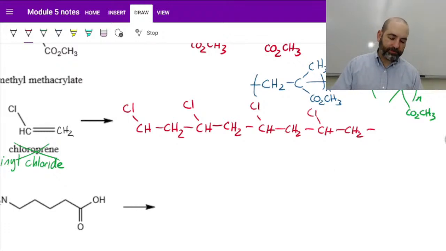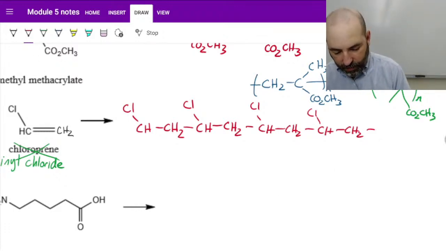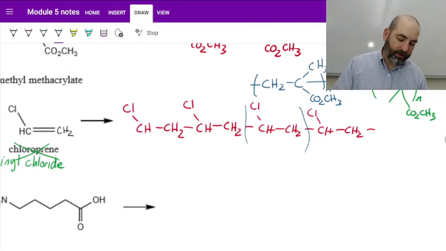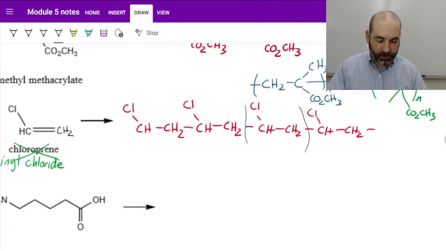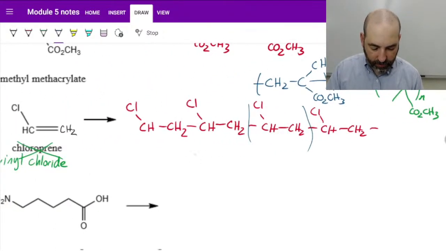Okay, and so on. So we're starting to see this repeating again. So I can once again find that repeat unit, which is about there, let's say. Could also be over here, could also be over here, right? We have multiple choices here. But now we can write the structure like this.